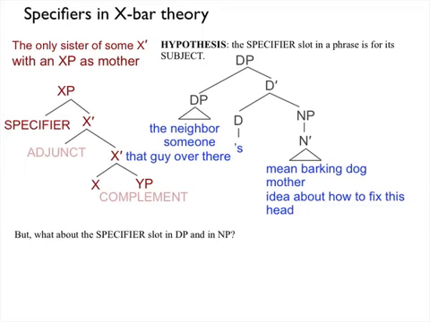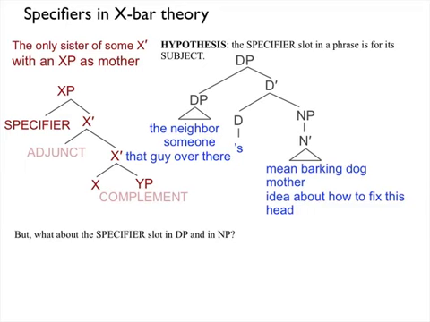Going back to 1970 or so, the idea that at least noun phrases might have subjects was already there in some fashion. Originally, the idea was that an NP could have a subject slot, and that you get that when you nominalize verbs.